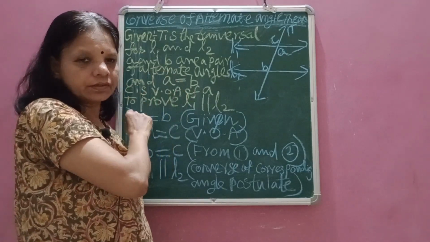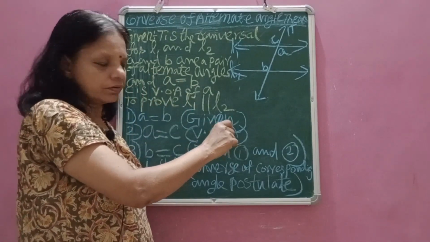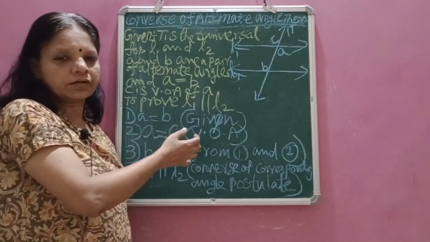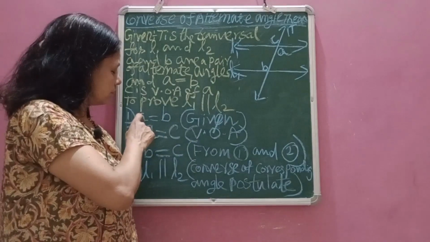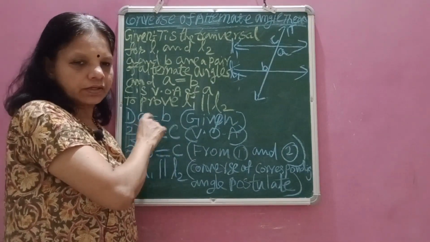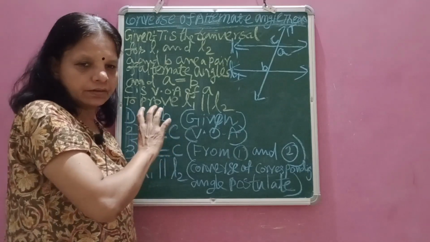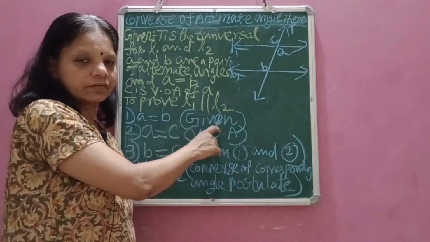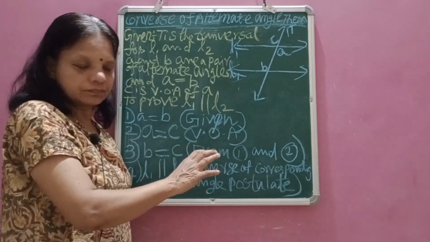Then statement and reason. First statement, mostly it will be what is given. That is A is equal to B. What are A and B? Measures of one pair of alternate angles. So what reason will you write here? Given. It is given in the theorem.